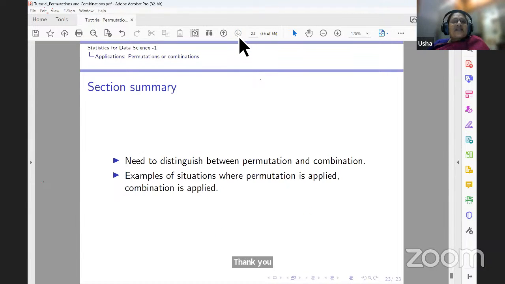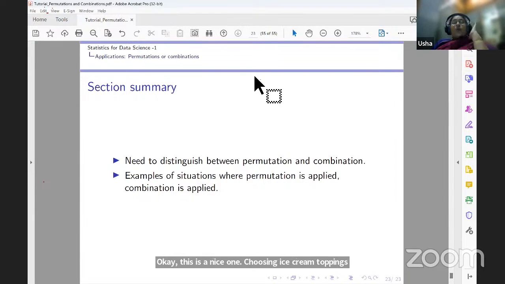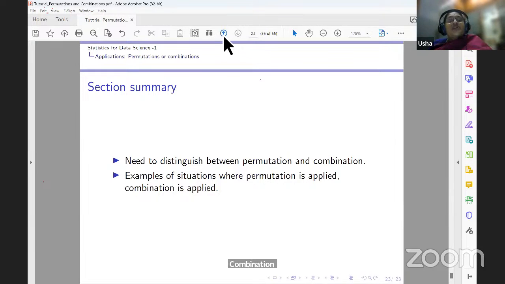This is the basic thing about permutation and combination. I will now move over to the probability review. The idea is you need to understand why I need permutation and combination.